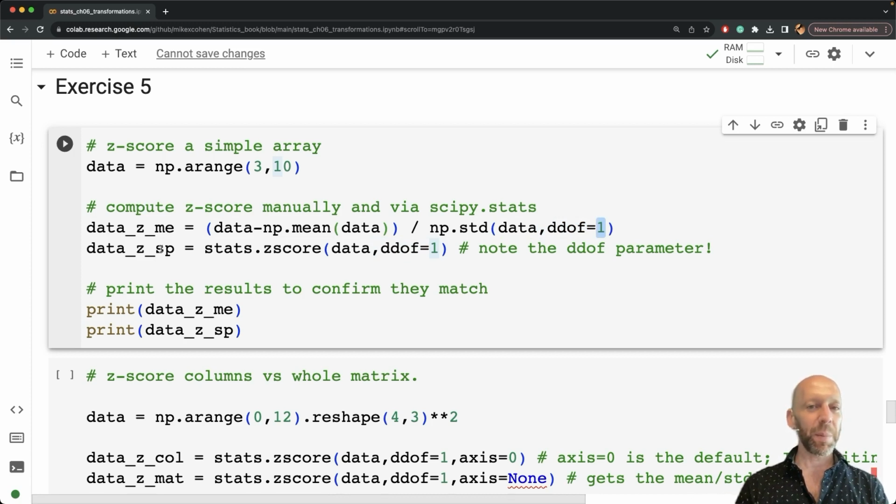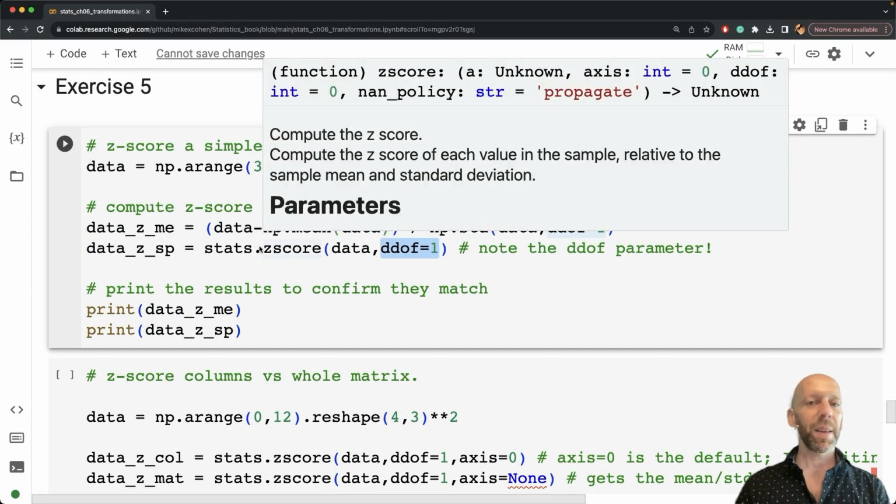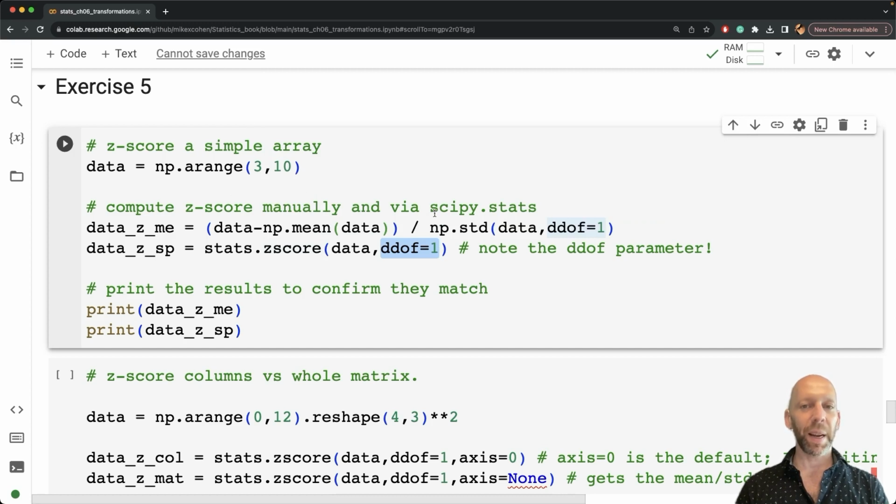Okay, and then here I'm using the zscore function in the scipy.stats library. So you just input the data, and now you also need to provide the denominator degrees of freedom parameter, which from here inside this function gets passed onto the numpy.std function like this.